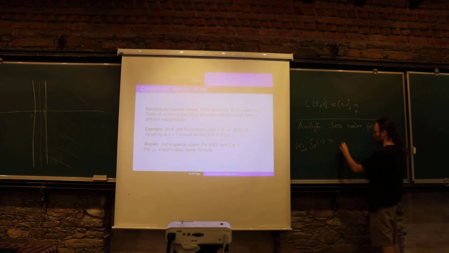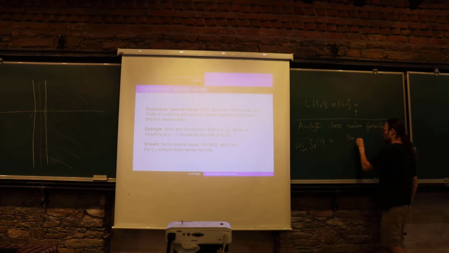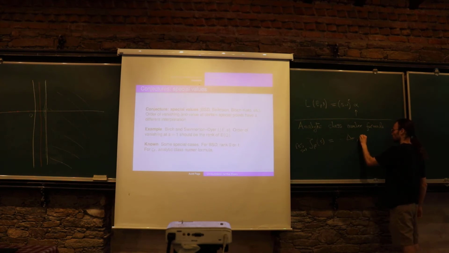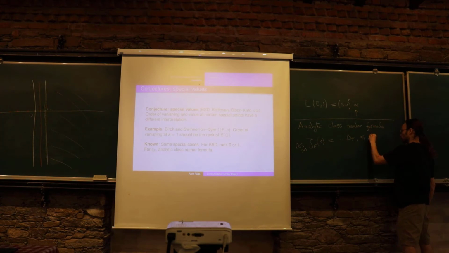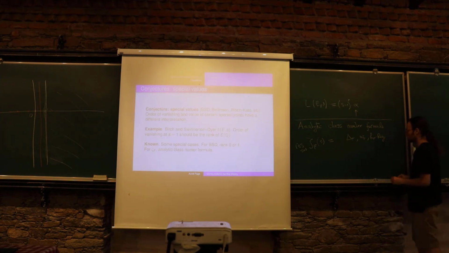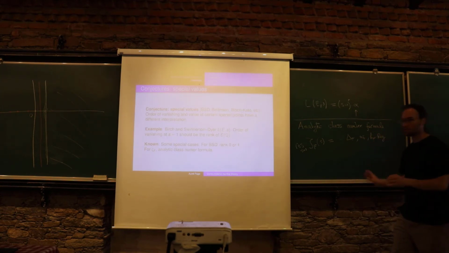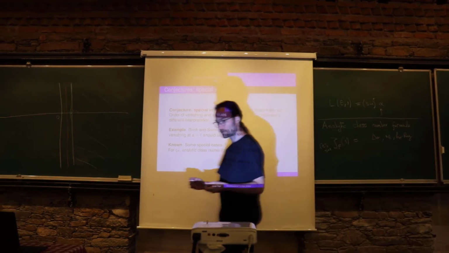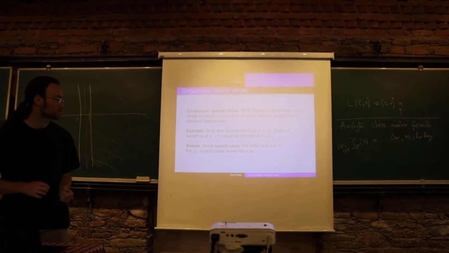I'm not going to give the exact formula since I will make a mistake, but there's basically a function of the discriminant of the field, the number of roots of unity, and most importantly, the class number times the regulator. And this one is known. This is like the easy version of this type of conjecture.